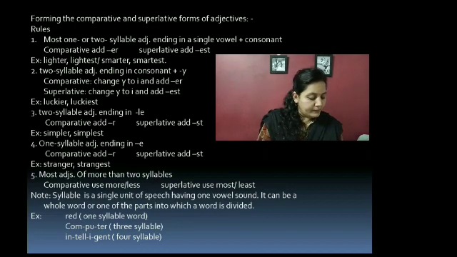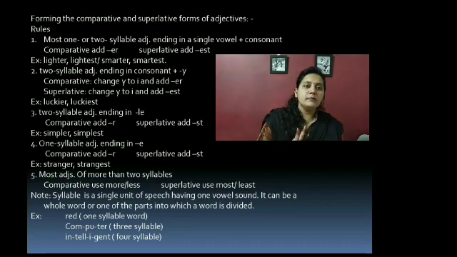Then another example is crazy. So crazier, craziest. Then the next one is two syllable adjectives ending in LE.